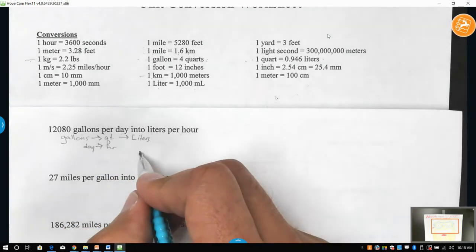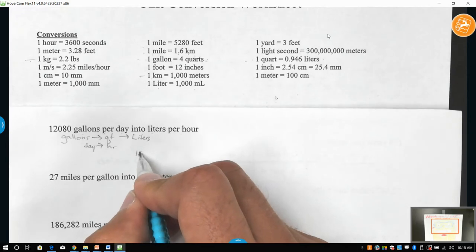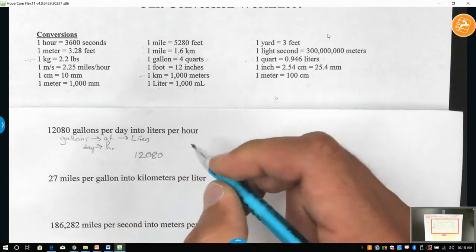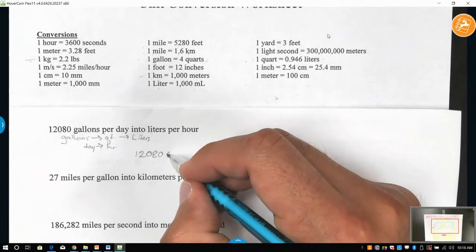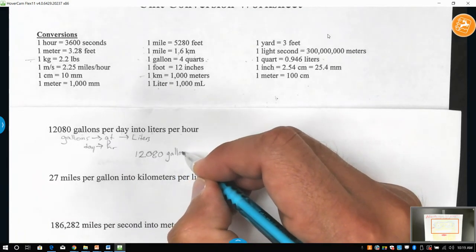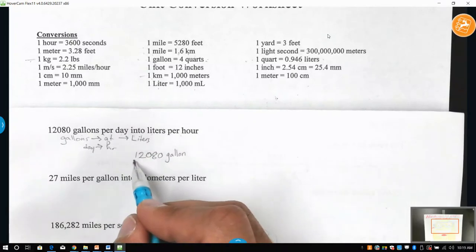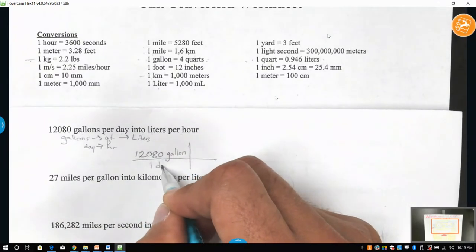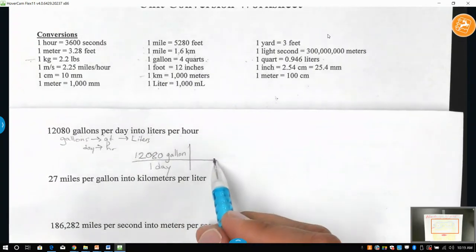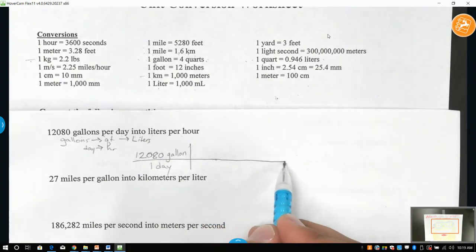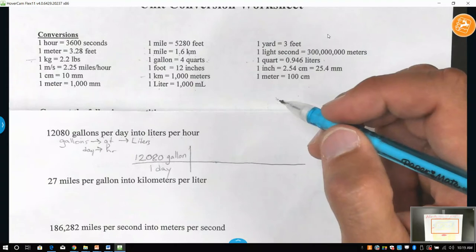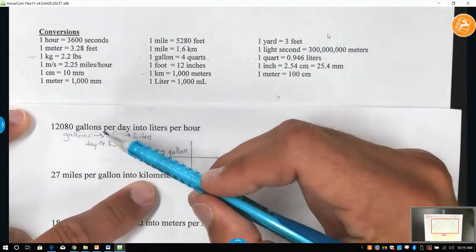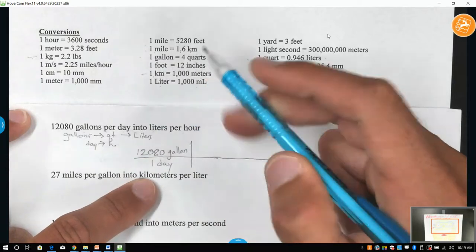Okay, so let's set this guy up. Given number in our starting position. We have this many gallons per day, so it's going to be over 1 day. Let's get out of gallons and into liters first. So we're going to go gallons to quarts.